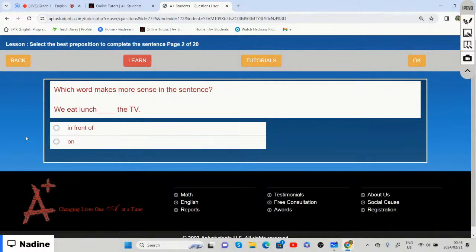So we need to choose the correct preposition that tells us where something is happening, where we are eating lunch. In front of the TV, or on the TV?